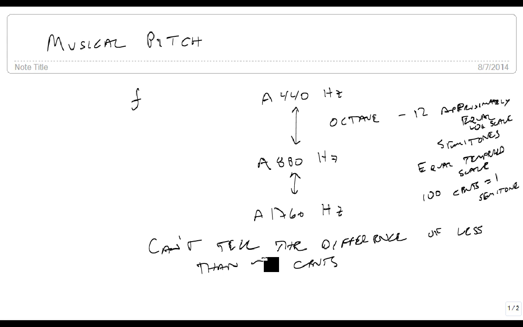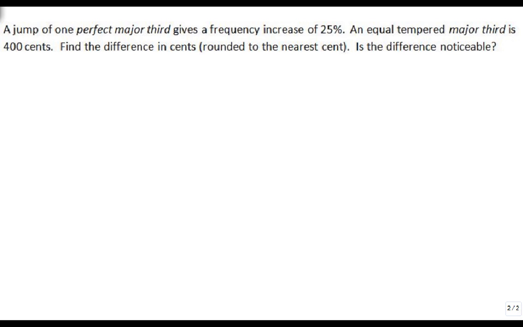And so what we want to look at is a problem where we're talking about a jump of a perfect major third, which is given a frequency increase of 25%. An equal tempered major third is 400 cents.